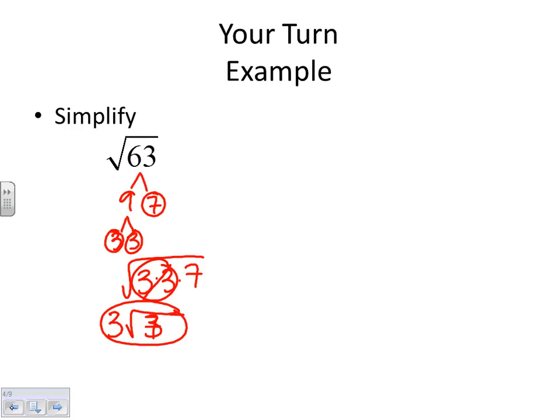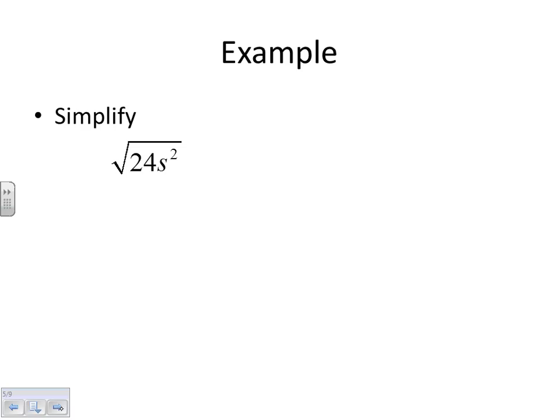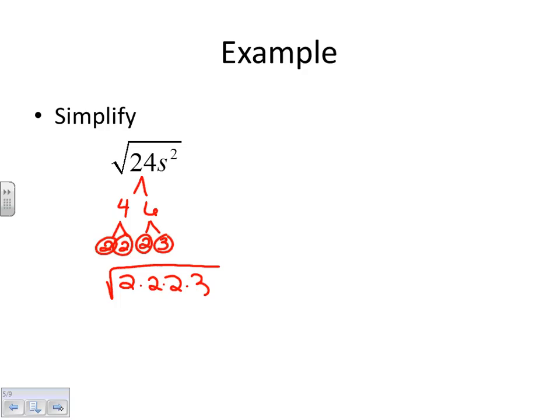Okay, so now we've got the same thing, except we have something squared. So we want to do our factor tree, find our primes, and the exact same steps as before, 2 times 2 times 2 times 3. Now, when we have variables, you want to list all your variables so your exponent is no greater than 1.